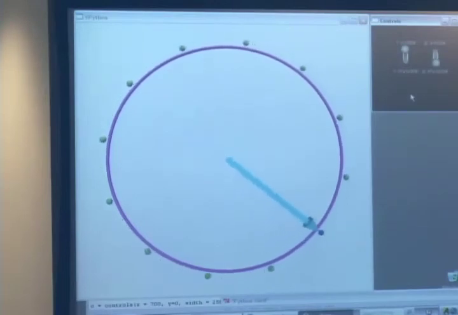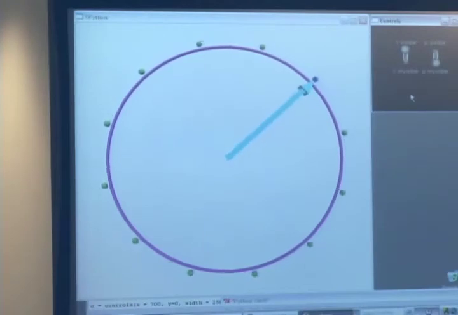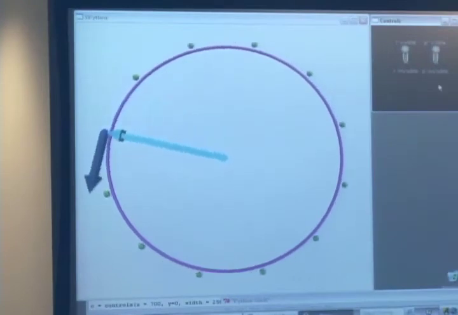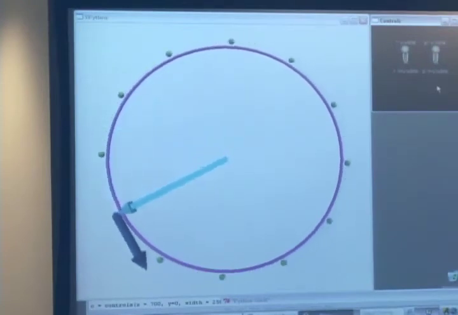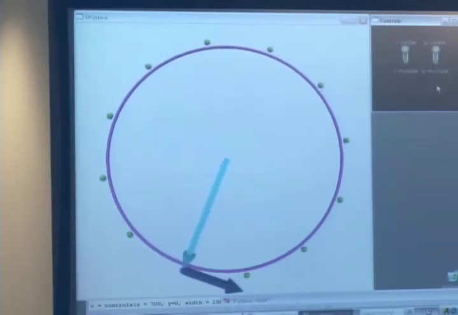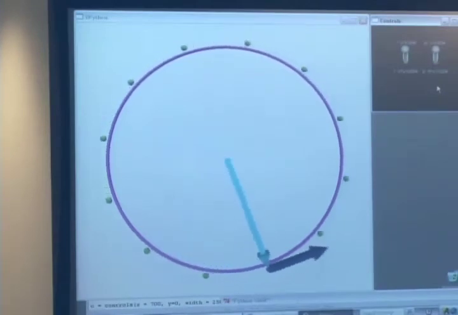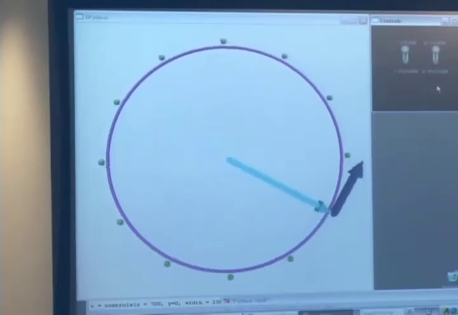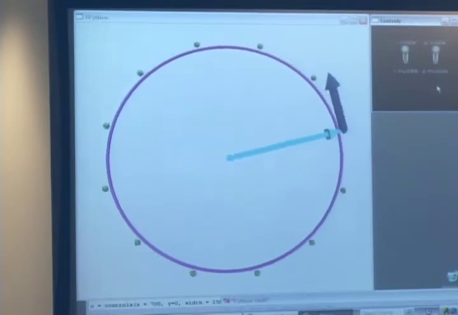So that's the position vector of that person relative to the center of the Ferris wheel. That's, of course, changing too in direction as the Ferris wheel rotates. But if we look at them together, it seems like there might be something about those two vectors and their relationship to each other that isn't changing. Yeah, the angle between them.